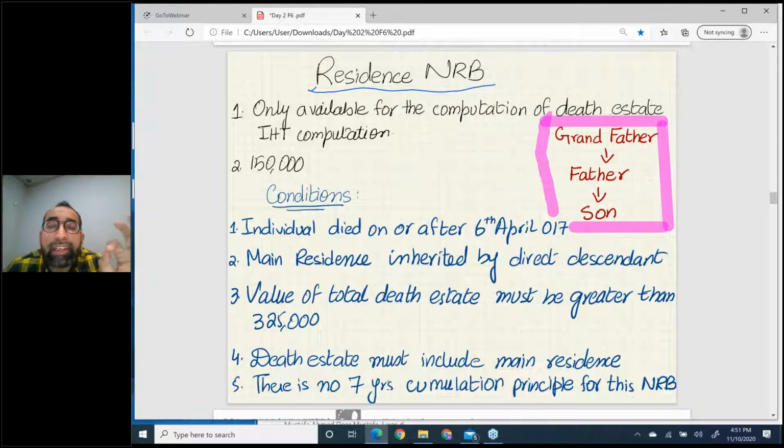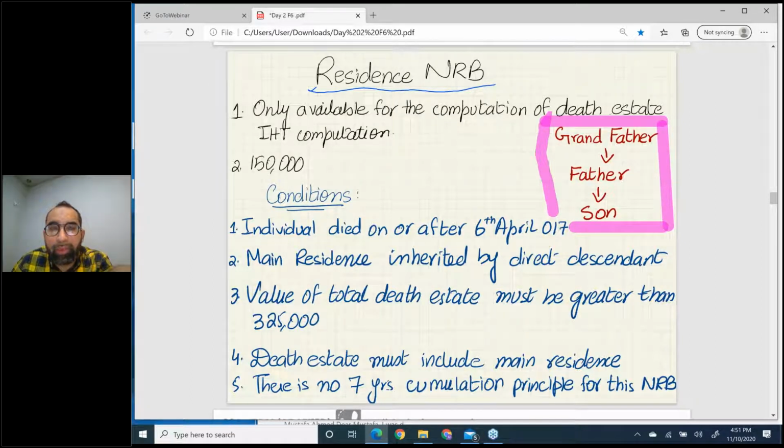I hope you remember the 325,000 NRB. This is a new NRB, separate from that one. And for the normal NRB we apply the 7-year accumulation principle.